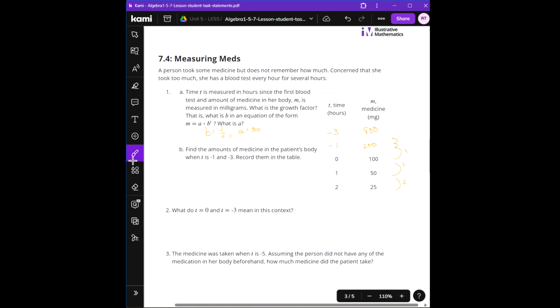So what do t equals 0 and t equals -3 mean in this context? So t equals 0 means the time the doctor did the first blood test.